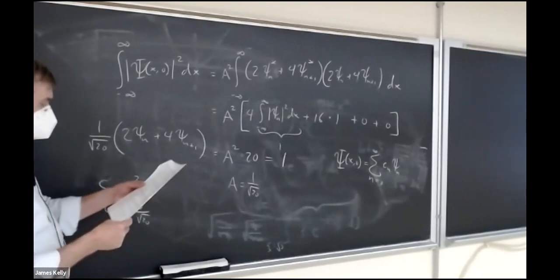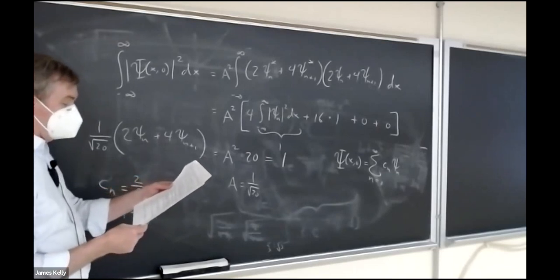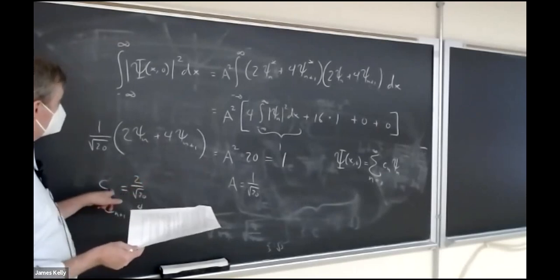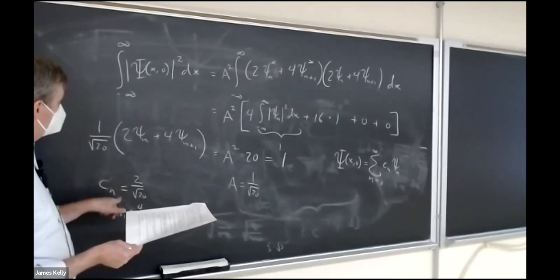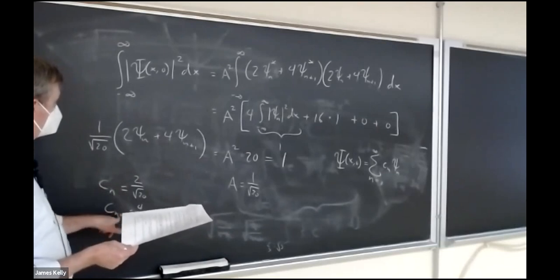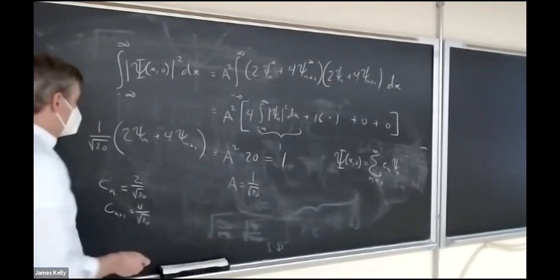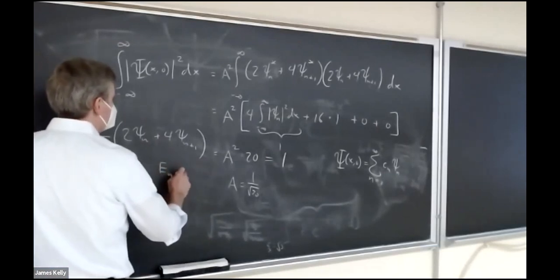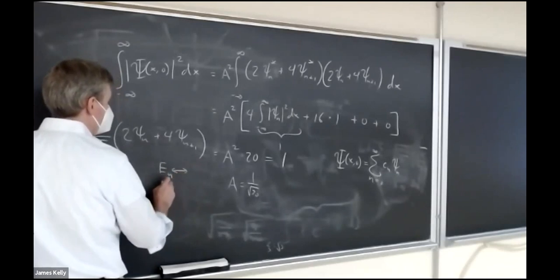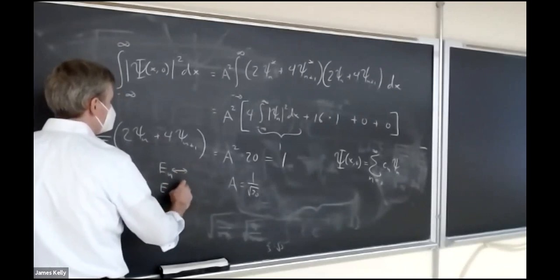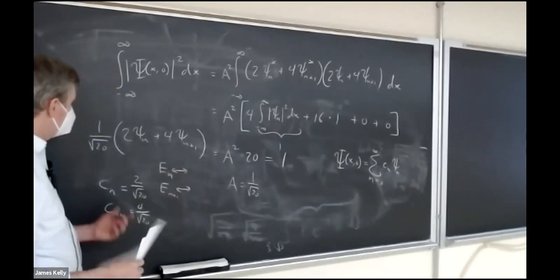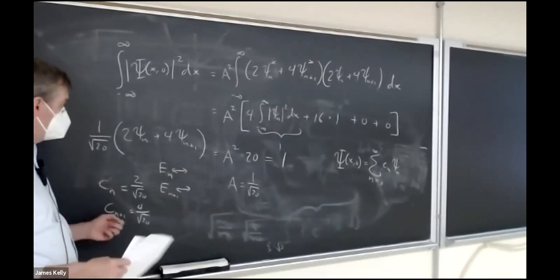And then this is phrased in terms of probabilities. It looks like the only non-zero probabilities are associated with En and En plus 1. So what probability does En have, and what probability does En plus 1 have? Well, it's just the square of Cn and Cn plus 1.